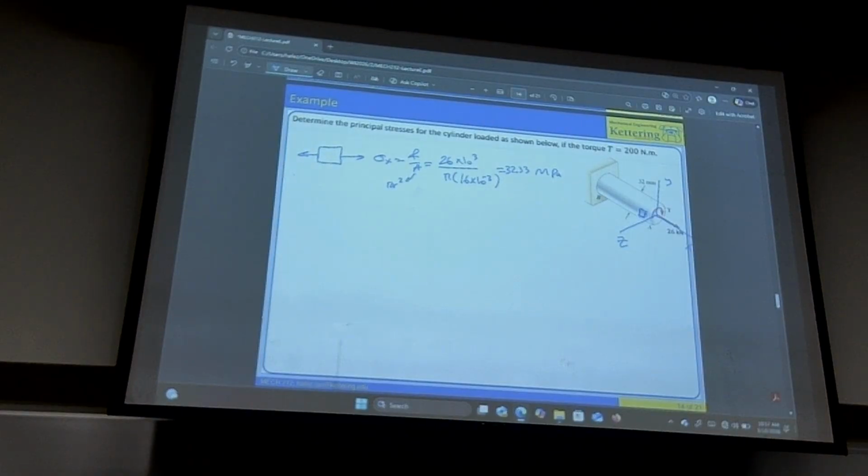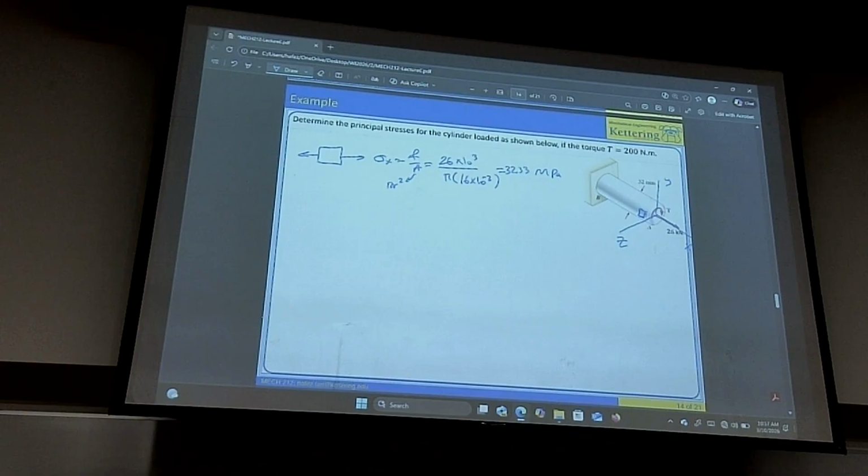Is it V over A? No, it has to have T in it. Is it T over J? T times something over J. You cannot read your own handwriting?